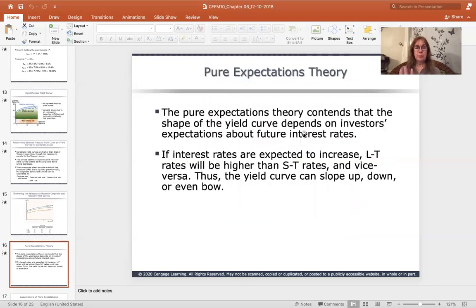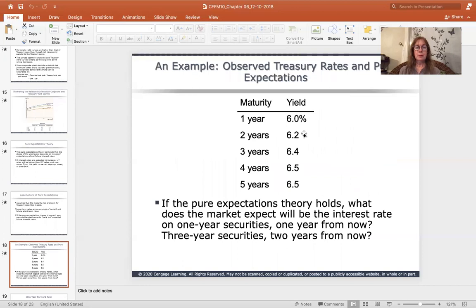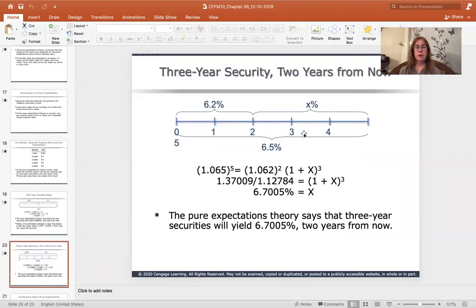Okay, so we're skipping the rest of this. Pure expectations theory, we're skipping. That is not covered in this class. I'll just tell you what it is. What they're doing with pure expectations theory is they're trying to figure out what interest rate bonds will pay in the future.